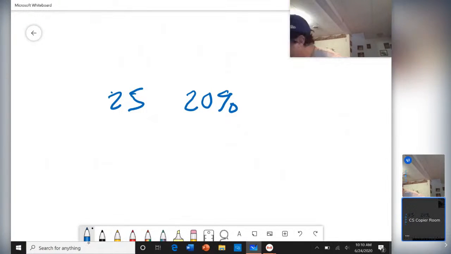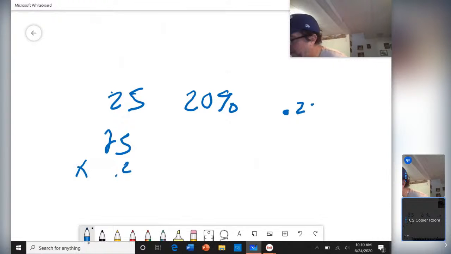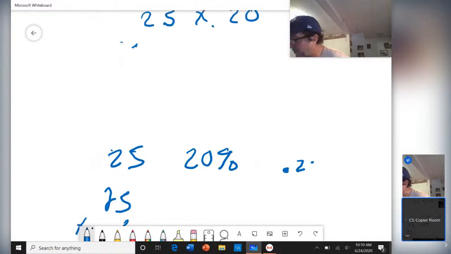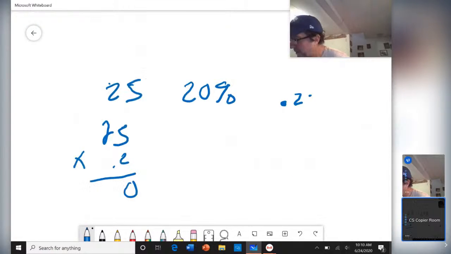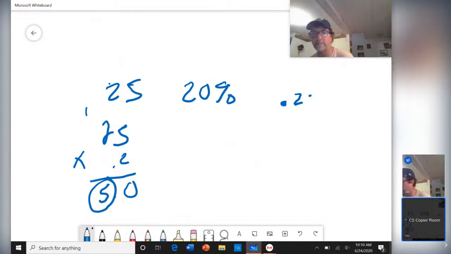So 20% is going to be 0.2. So if I do 25 times 0.2, that's going to be 10. Oops, excuse me. Carry the 1. 2 times 2 is 4, plus the 1 is 5. So we got 5 questions right, which probably isn't very good, but maybe it was a really hard test.